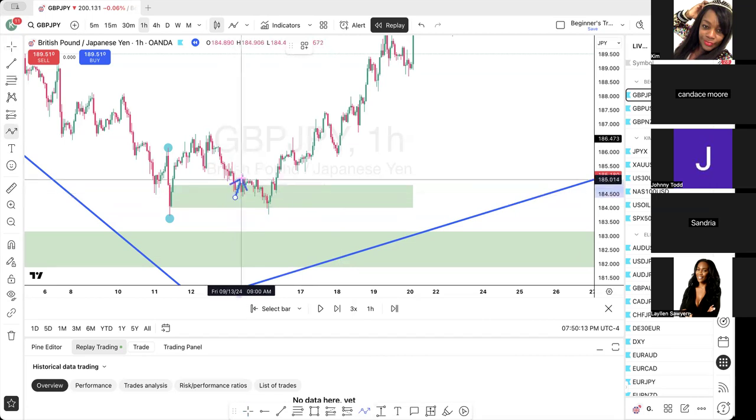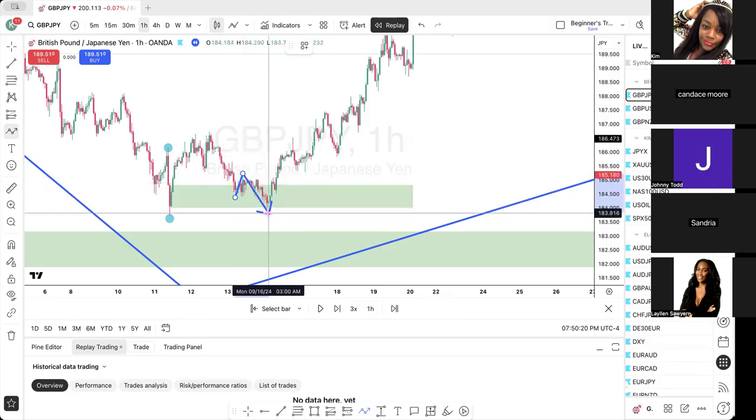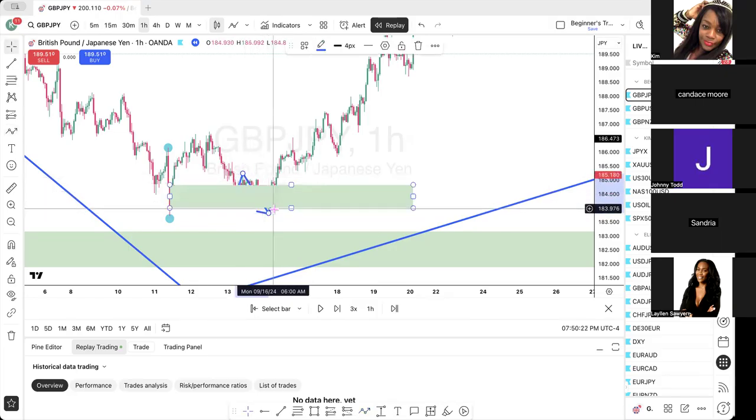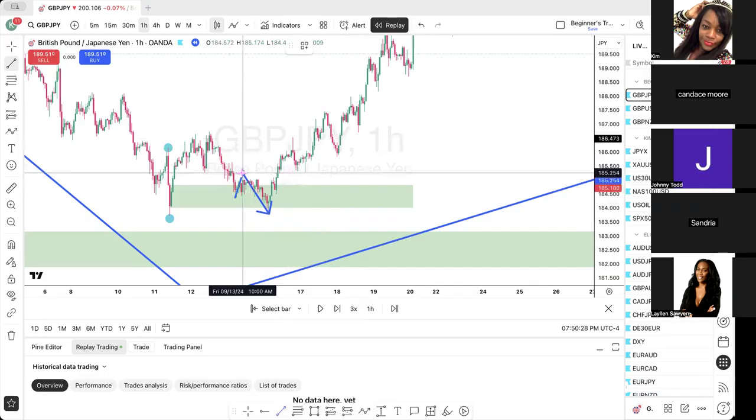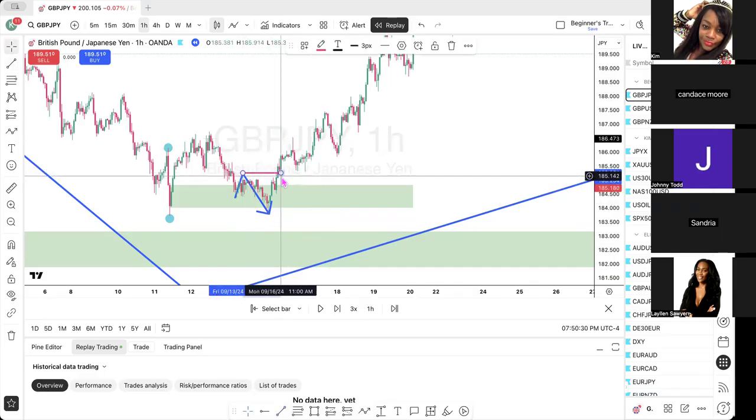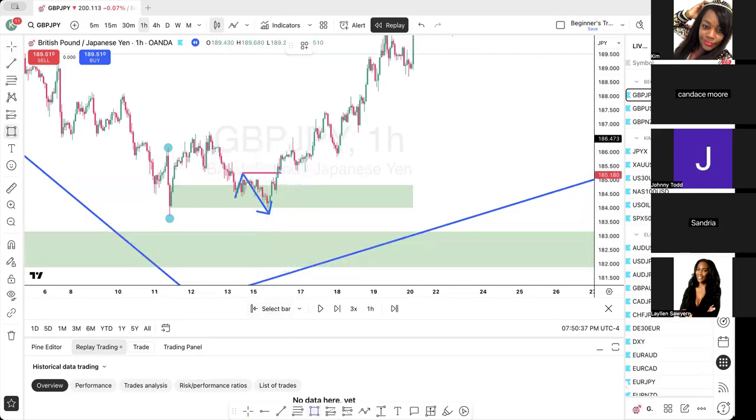And the last level of structure, because price broke structure here, which made this the swing high and this the swing low. And then you got a market structure shift. Once you get that shift, you can mark up your demand zone, and it's either going to come back or it's not.